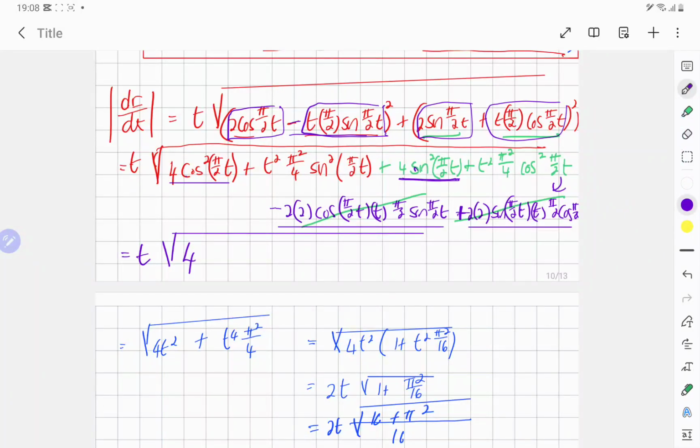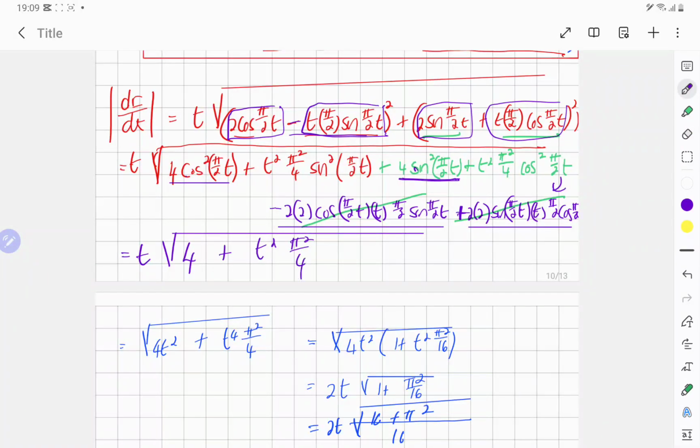Now I will group these two together. Why? Same angle. So I'm doing this one and this one, same angle, but I have this common factor outside, so I have t squared, sine squared plus cos squared, yes, but I still have my pi squared over 4.